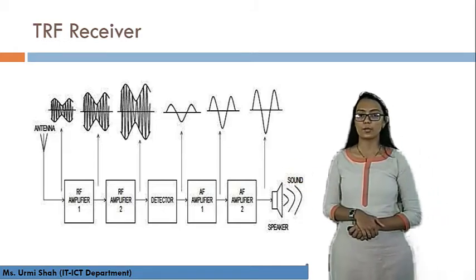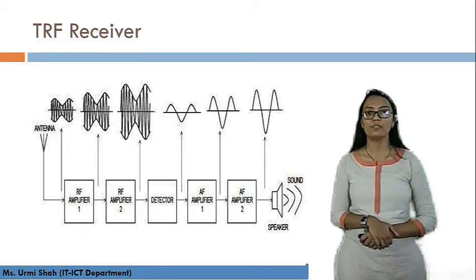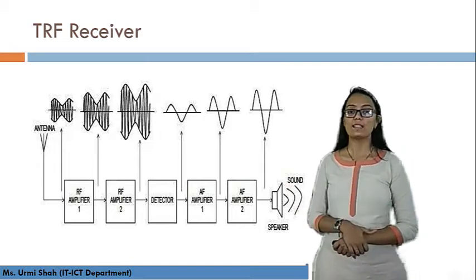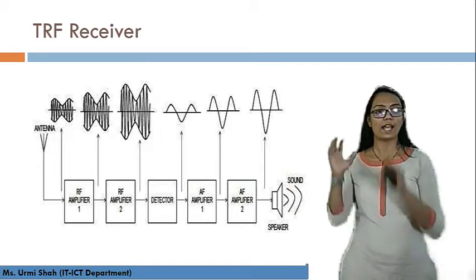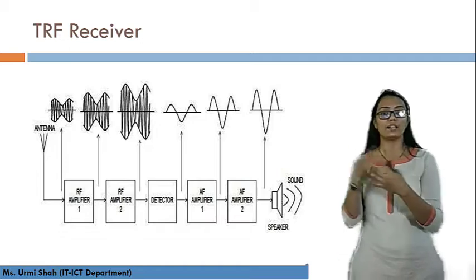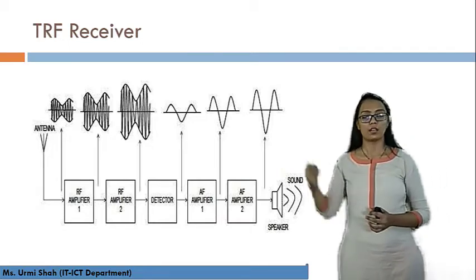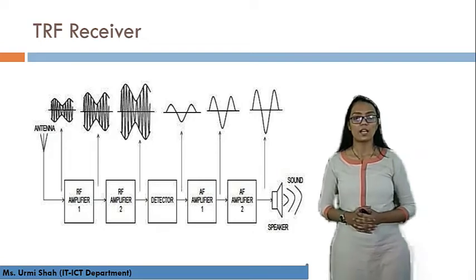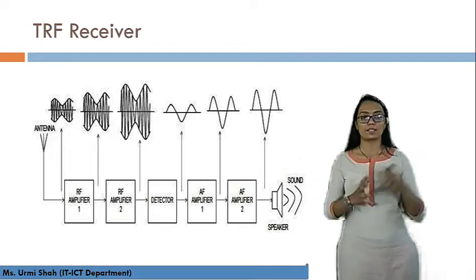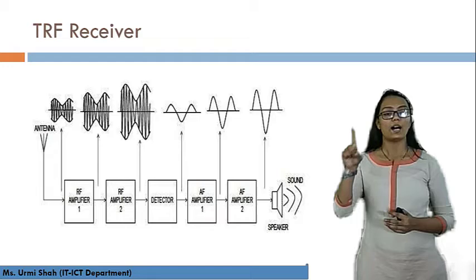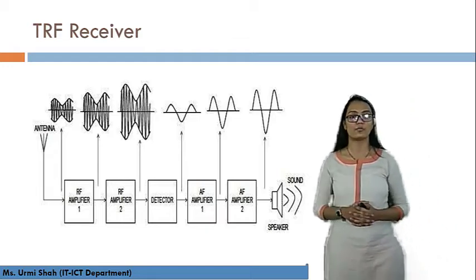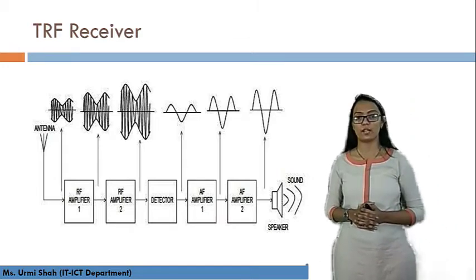Basically, this is the block diagram of the TRF receiver. As you can see, the TRF receiver has an antenna block from where it receives the transmitted signal. From the antenna it passes the signal to RF amplifier 1, that is the first radio frequency amplifier.